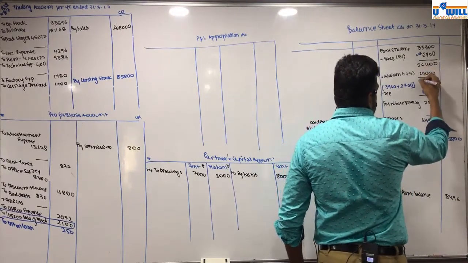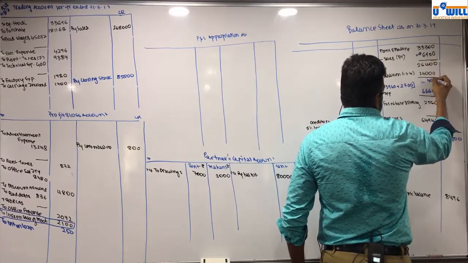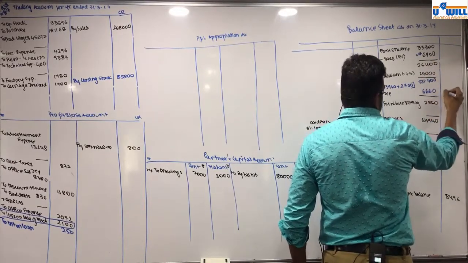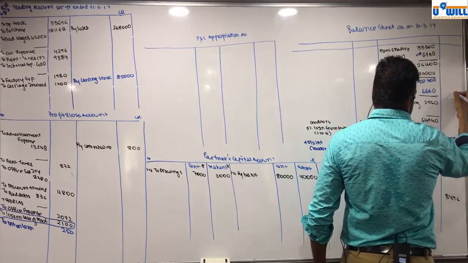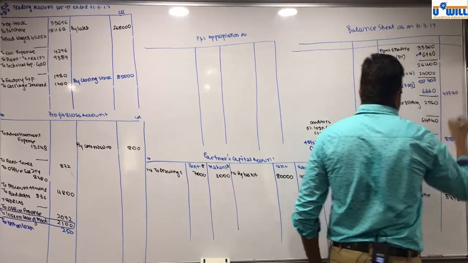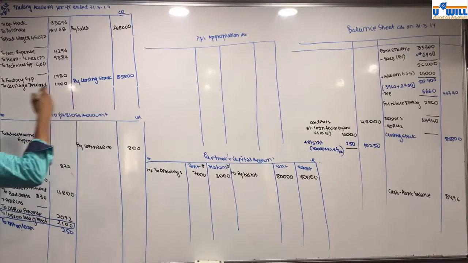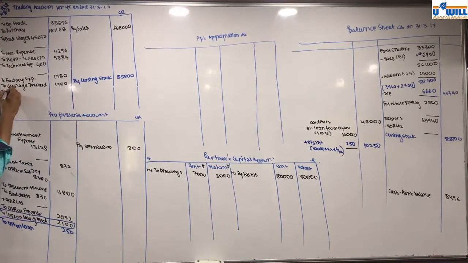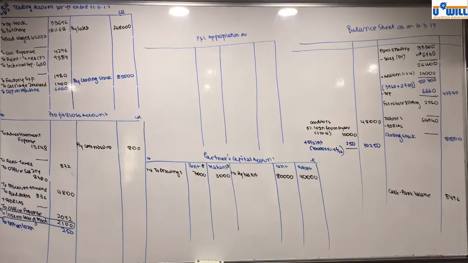So this will be 26,400, 50400 minus 6660. What's the amount? 43740. Depreciation on machine will go to trading account, to depreciation on machine because factory, 6660.